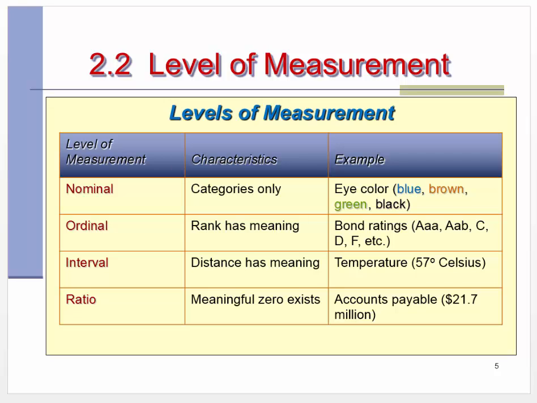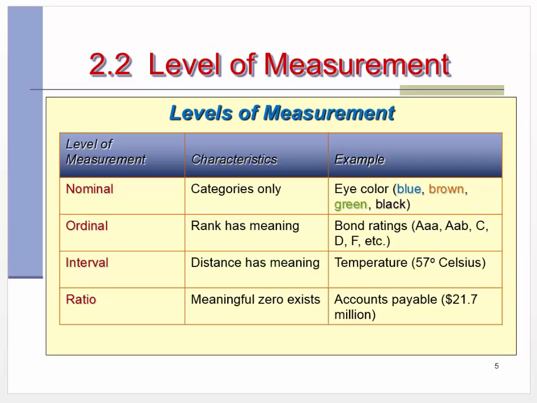The next higher level of measurement is interval, where there is a rank order of measurement as well as meaningful distance between the ranks, such as a measurement of temperature. We may say that the temperature is 57 degrees Celsius, and the temperature of 57 degrees Celsius is 10 degrees higher than 47 degrees Celsius, and 15 degrees higher than 32 degrees Celsius.